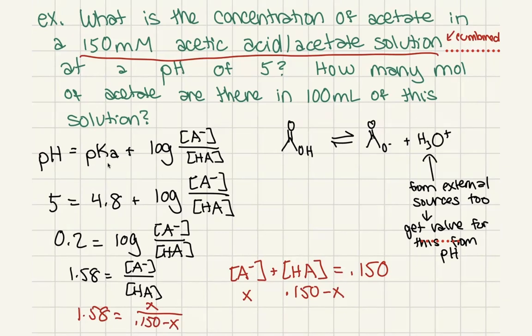That's going to give you a value where our X is going to be 0.092. I'm not worrying about my rounding here, but the answer would be about 0.092 molar.